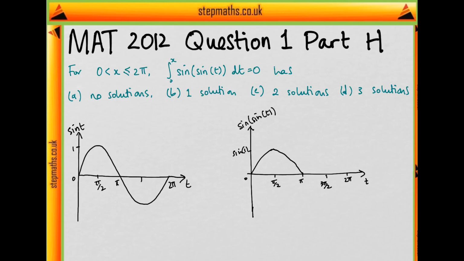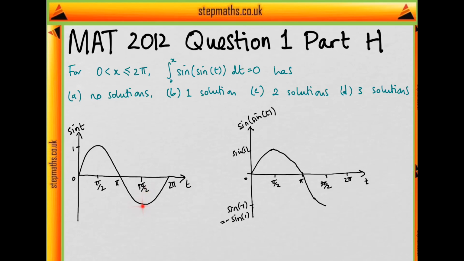And then between pi and 3 pi over 2, we have that sine t is decreasing from 0 to minus 1. And so sine of sine t is going to decrease from 0, and then it will go down to sine of minus 1, which is the same as minus sine 1.